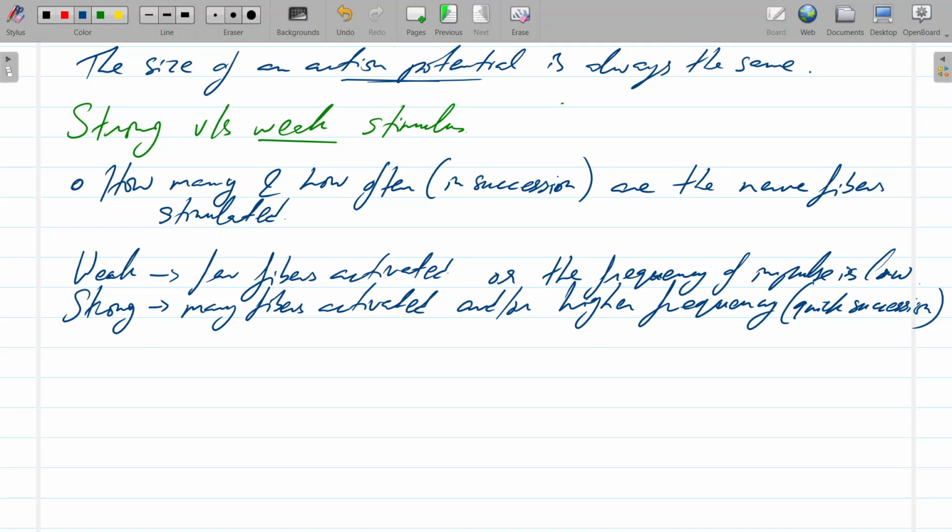Now, after an action potential has fired, right, things need to go back to normal. So after an action potential.